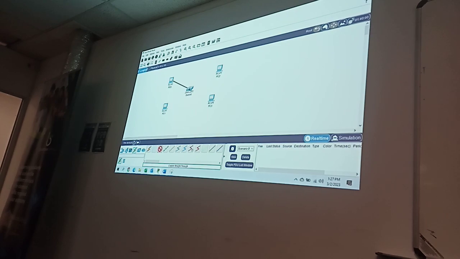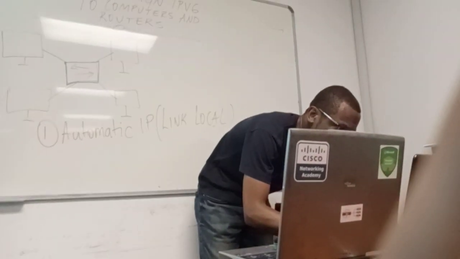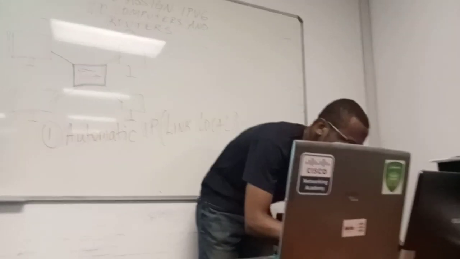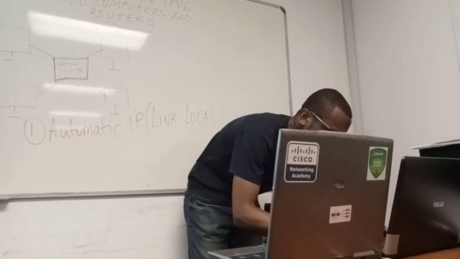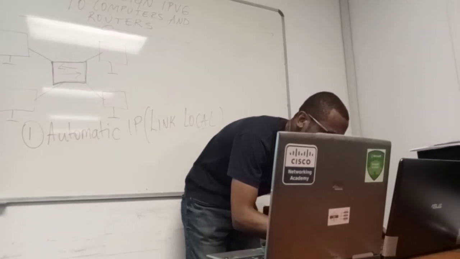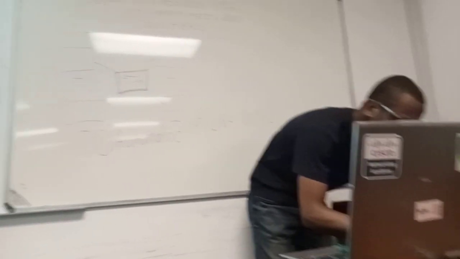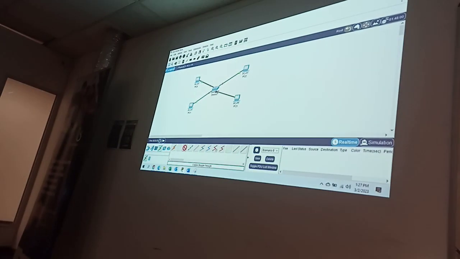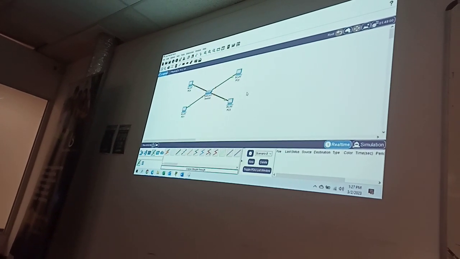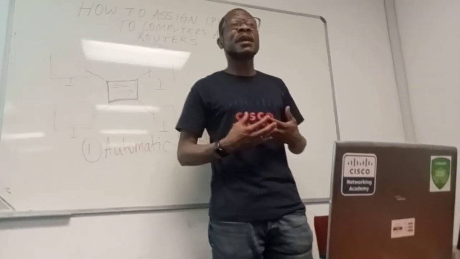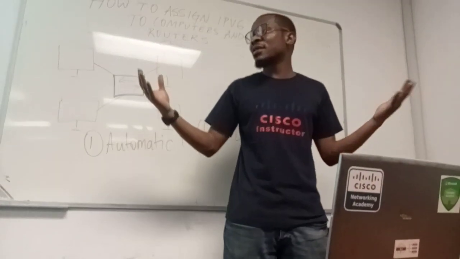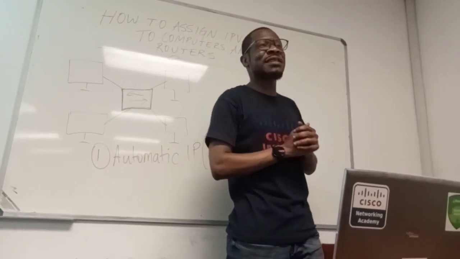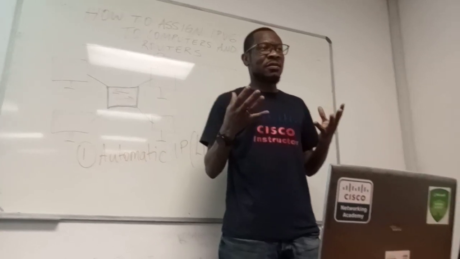Okay. I'm going to use just any port in order for me to go fast. So in real life, it means you got your computers. Those computers can be 100, can be thousands, right?